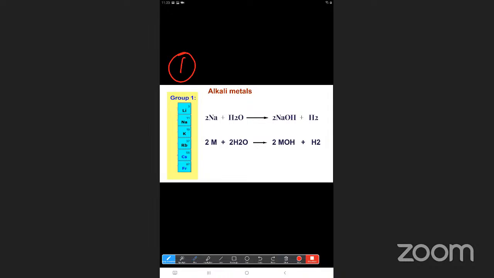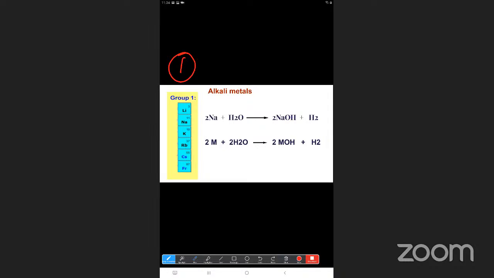In the last shell, only 1 electron will be present. So for 1A group elements, the valency is 1.